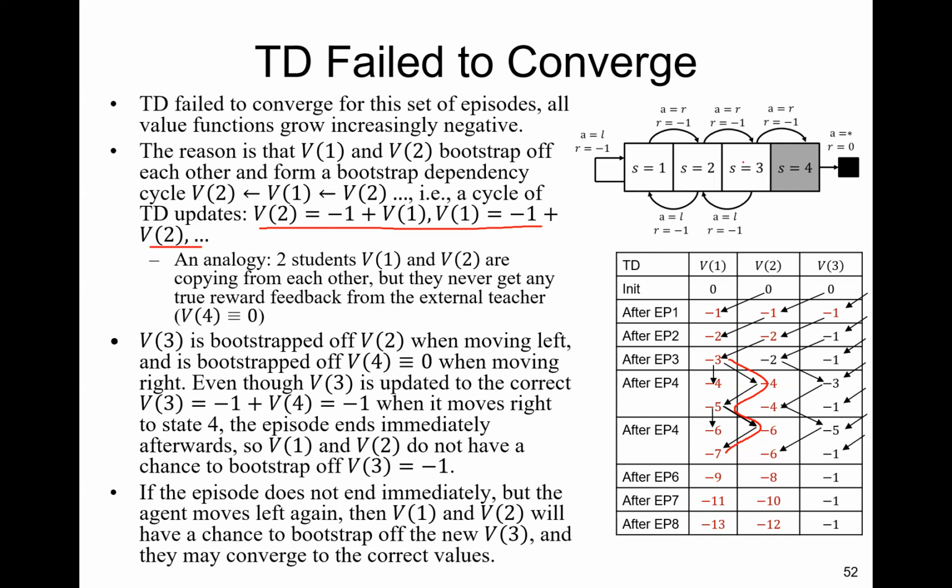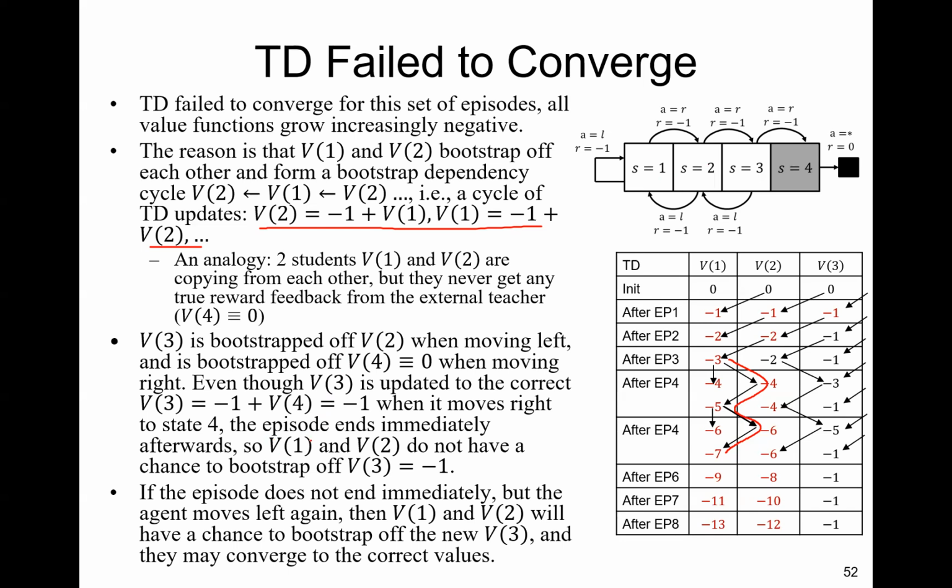V3 bootstraps off V2 when moving left, and bootstraps off V4 when moving right. Even though V3 is updated to the correct value of -1 when it moves right at the last step, the episode ends immediately afterwards.